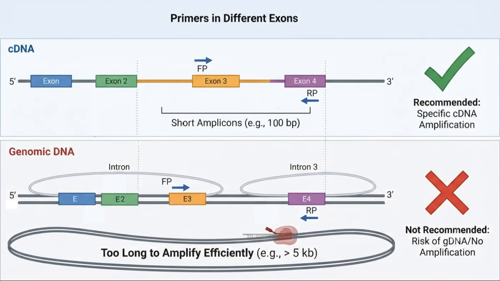But in genomic DNA, those same exons are separated by a long intron. Instead of 100 base pairs, the polymerase would need to amplify several thousand base pairs. Under standard qPCR conditions, fragments that large amplify very inefficiently, or not at all. Again, the reaction strongly favors cDNA.